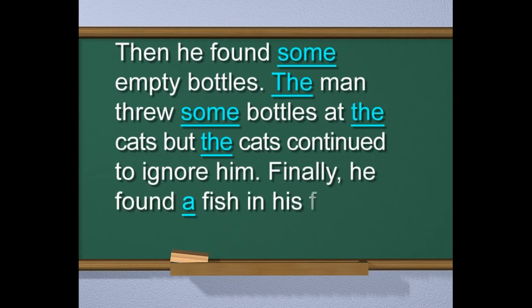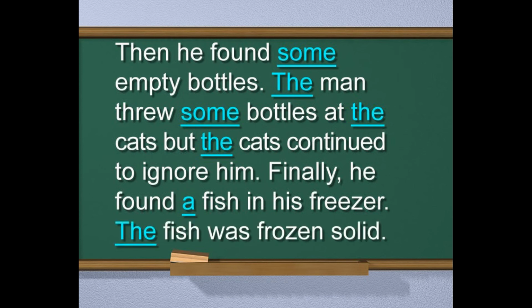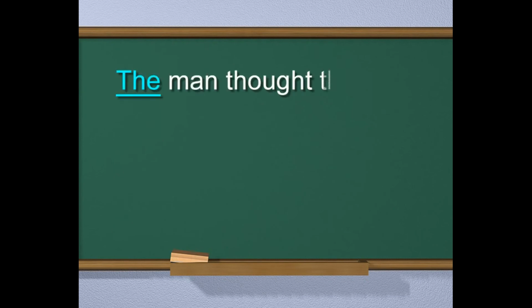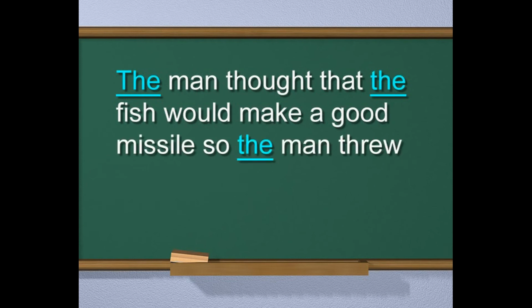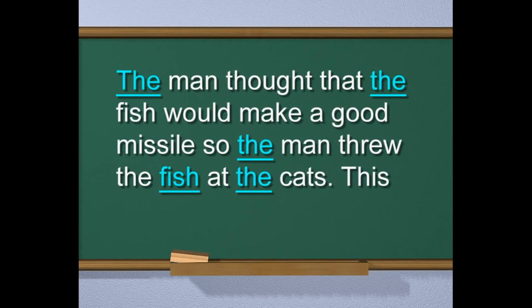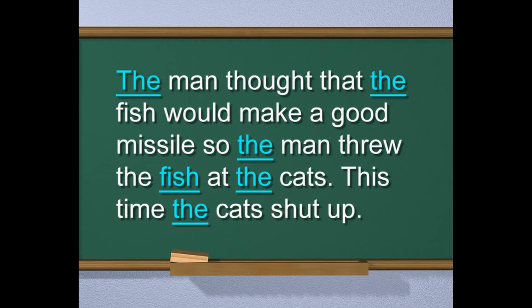Finally, he found a fish in his freezer. The fish was frozen solid. The man thought that the fish would make a good missile. So, the man threw the fish at the cats. This time, the cats shut up.